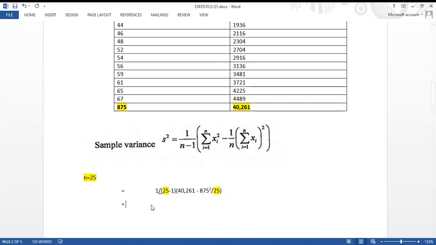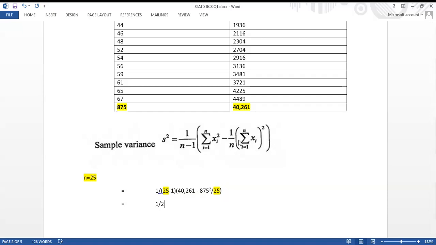The 1 doesn't really count because it doesn't change anything. When you multiply 1 times 875 squared, you still get 875 squared.